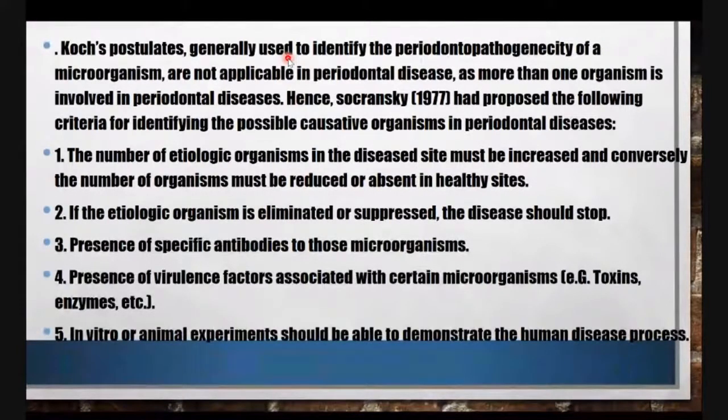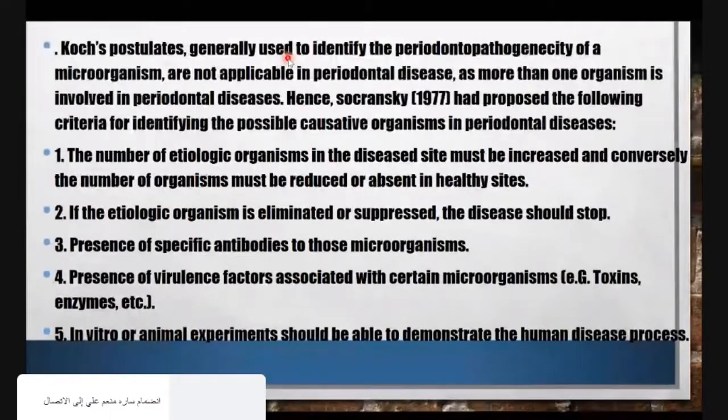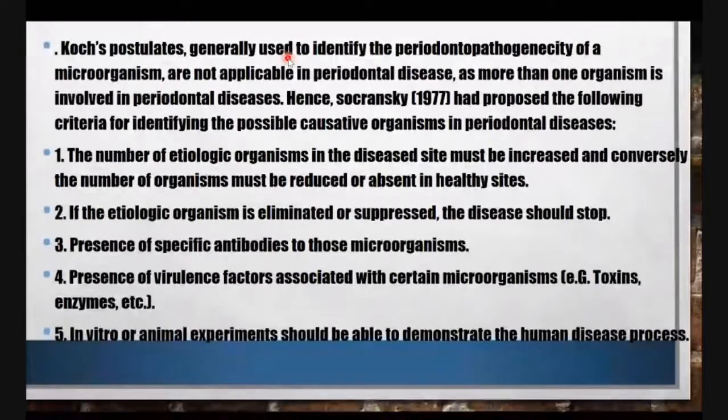Presence of a specific antibiotic response to those microorganisms. Presence of the virulence factor associated with certain microorganisms, toxins, enzymes, etc. وطبعا تأثر عليه. إذا microorganisms ما عندها في الأدوات تسوي أو تسبب لنا الديزيز، شلون نعتبرها ك-etiologic organism? In vitro or animal experiments should be able to demonstrate the human disease process.